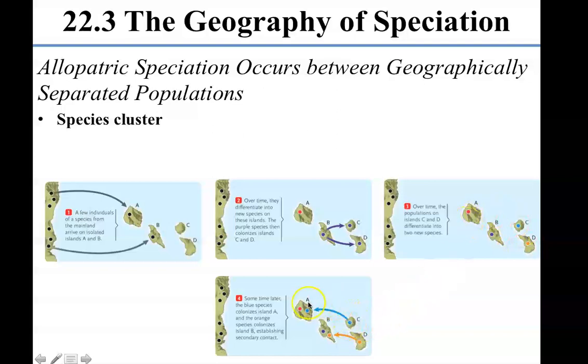Now if they're reintroduced to an ancestral species or a cousin species, there are enough genetic, behavioral, ecological, temporal, or mechanical differences that would prevent them from mating and having viable offspring. So these species are a species cluster, basically a bunch of species that have evolved from a recent common ancestor.